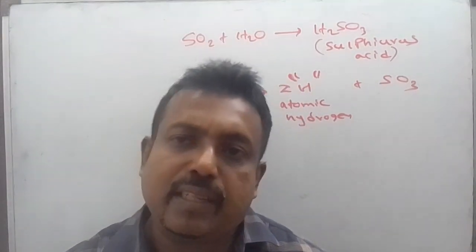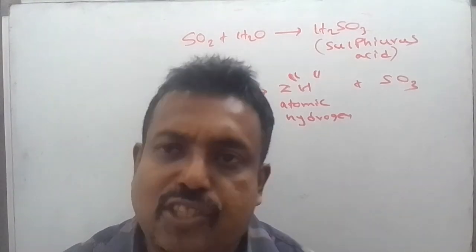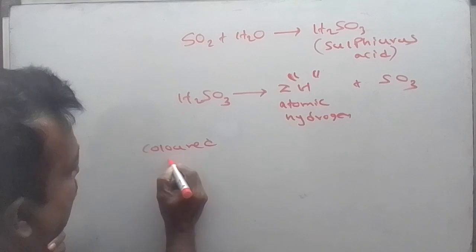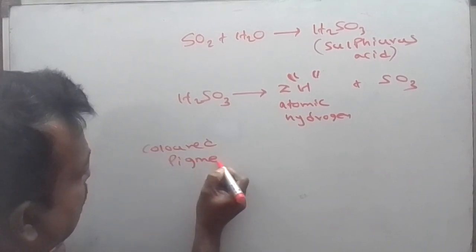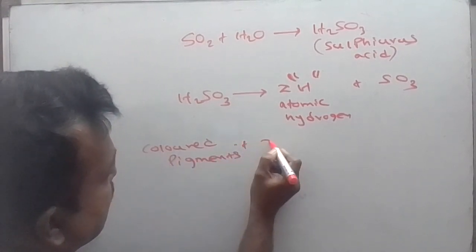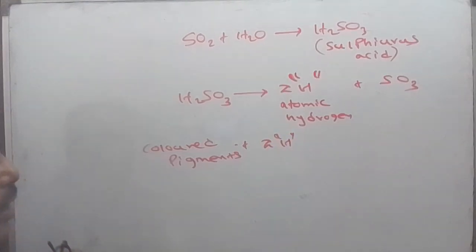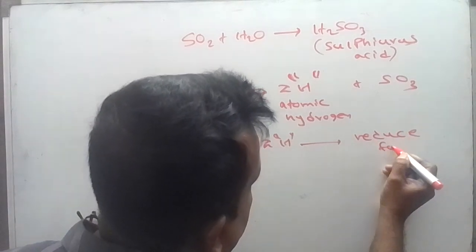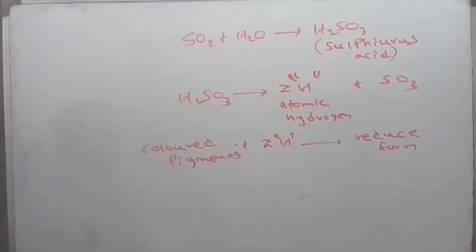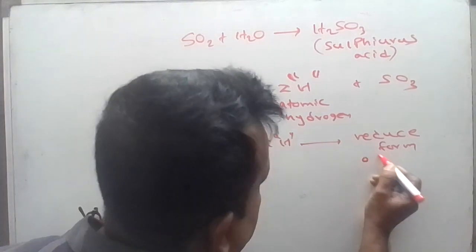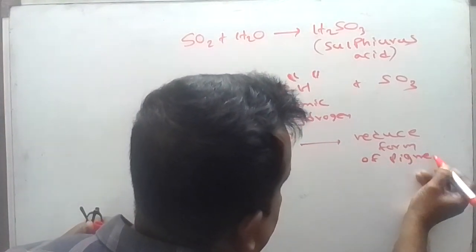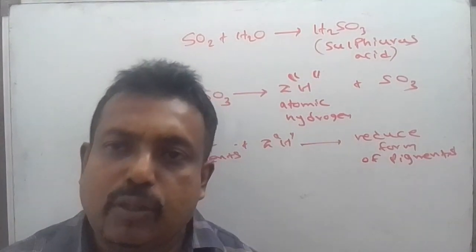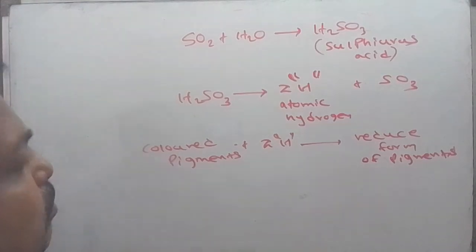In inorganic chemistry, addition of hydrogen means reduction. So the colored pigments react with hydrogen and are reduced. Reduced forms of pigment. So this is bleaching.